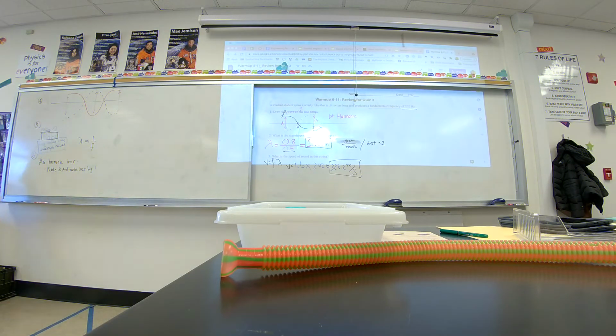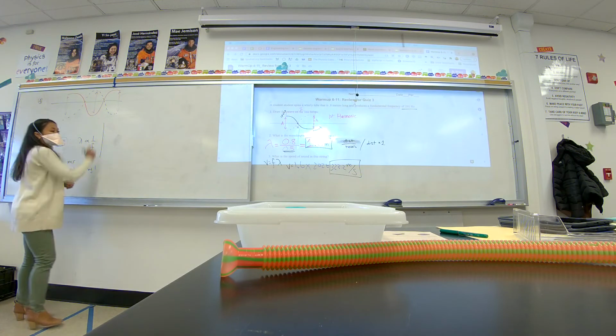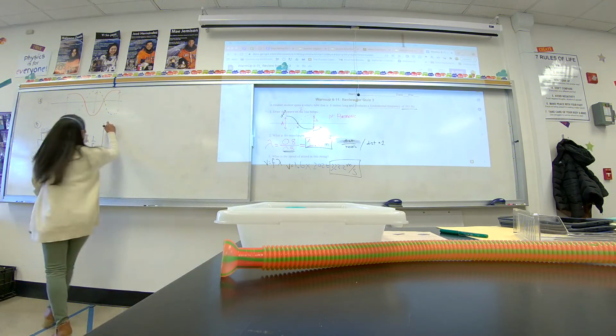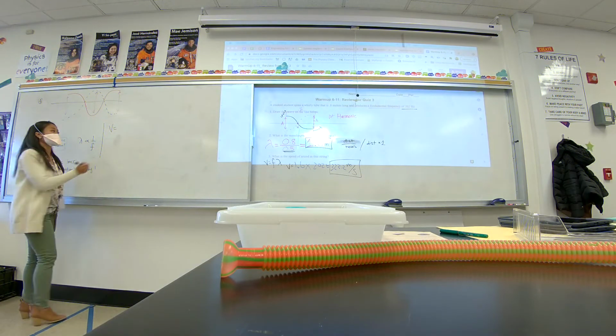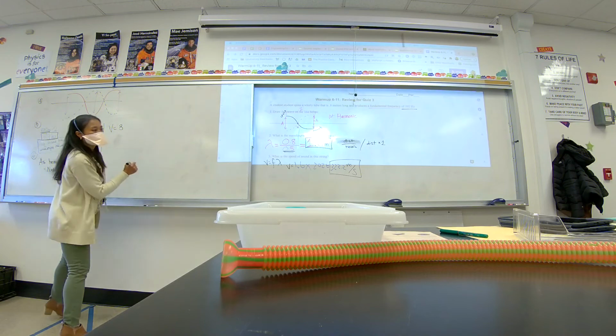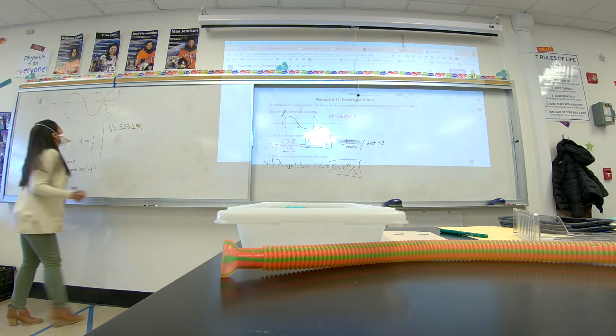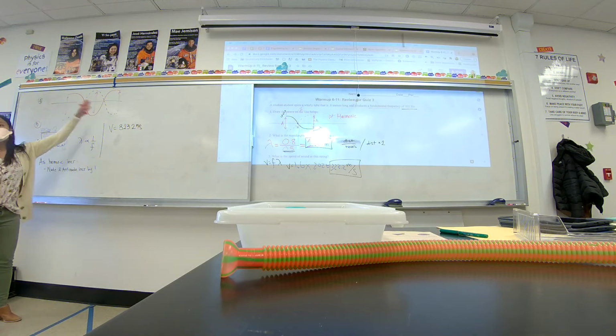Now, there's another way to do this problem. It is the fact that the speed that you got from the first harmonic is going to be the same speed you get for the second harmonic. It's going to be 323.2. Your wavelength, how much of a wave is this second harmonic?